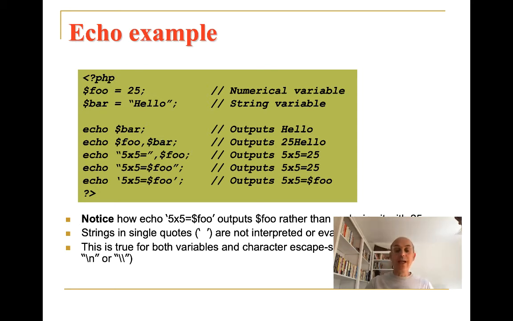So the string in single quotes, in this case, is not interpreted or evaluated by PHP. And this is true for both variables and character escape sequences such as \n or \\.